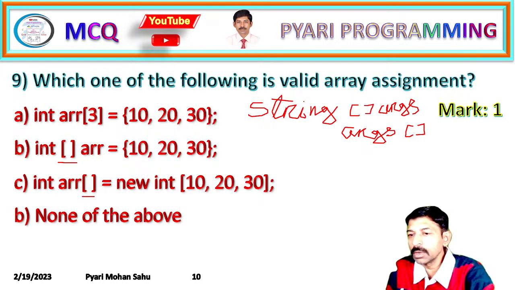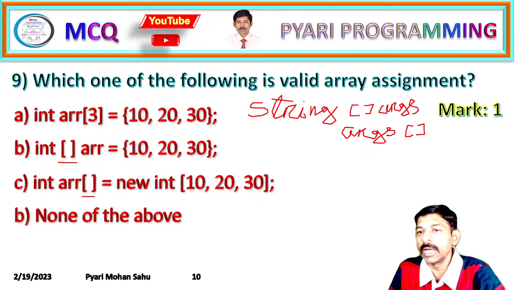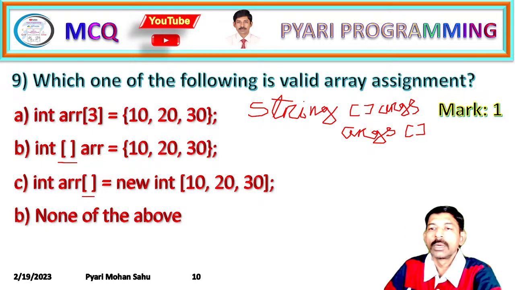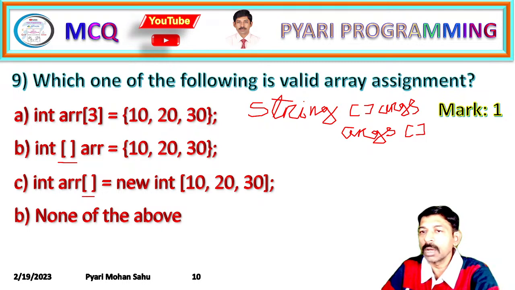Because in option we cannot write square bracket 3. Okay, 9B. Udita says 9B is the correct answer. Megha Patnaik says 9B. I just want to know those who are saying none of the above, just like Shivam said none of the above. Now one more candidate, Subham Swain says none of the above.